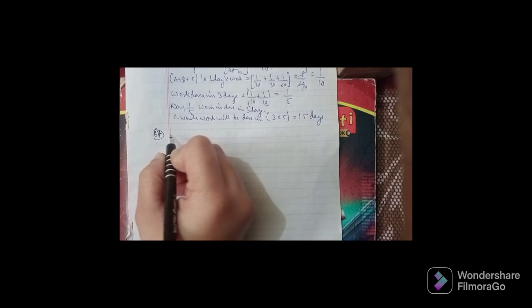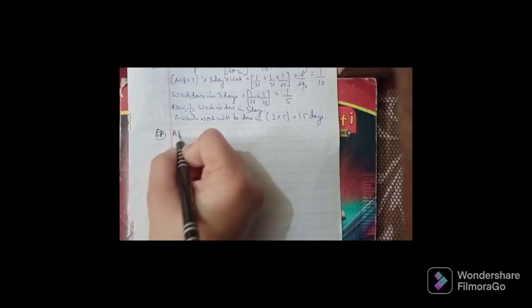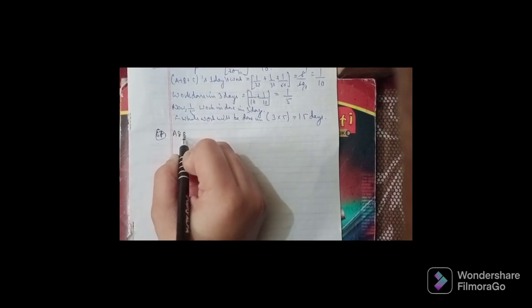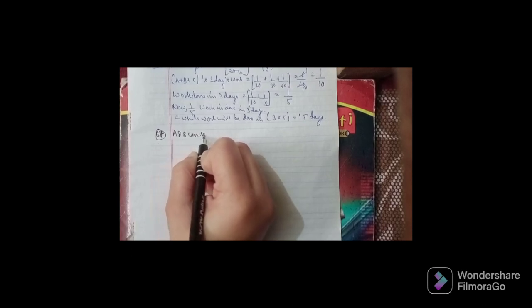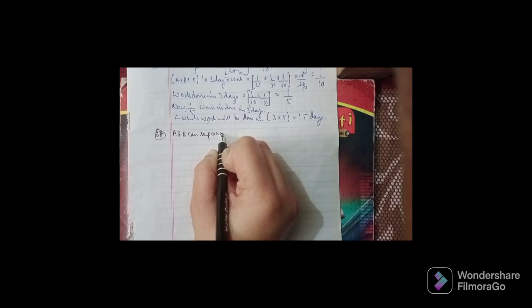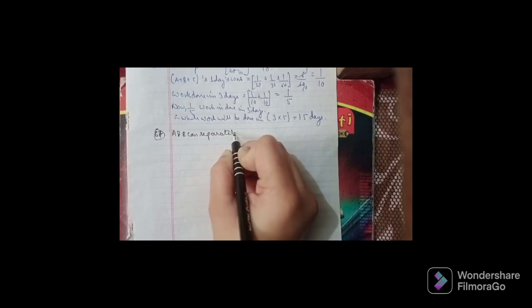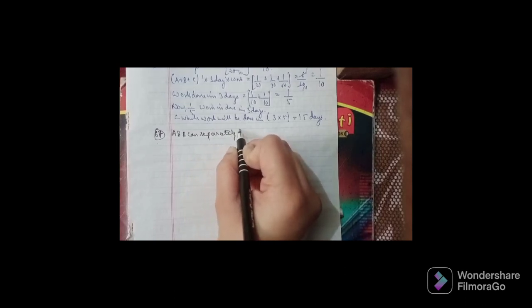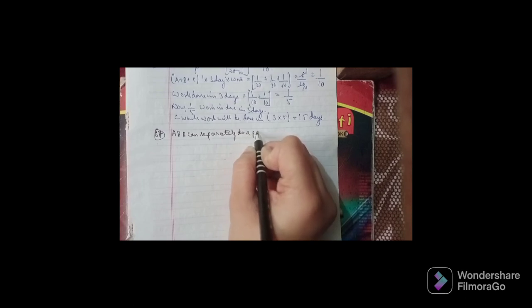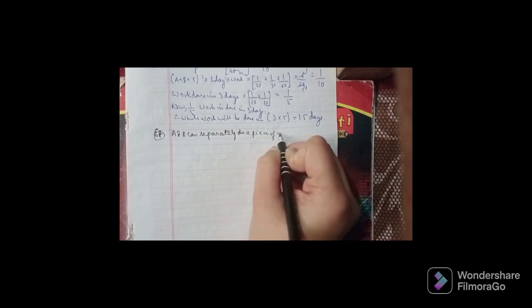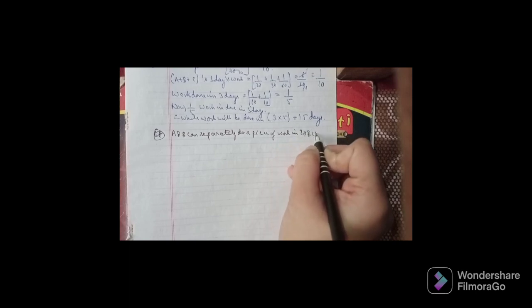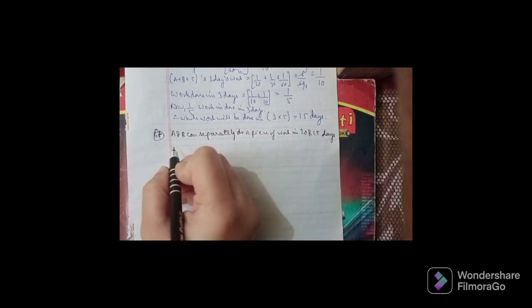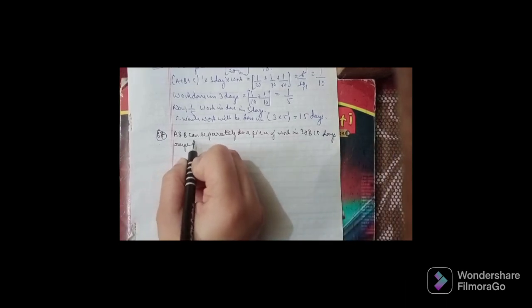67th question. A and B can separately do a piece of work in 20 and 15 days respectively.